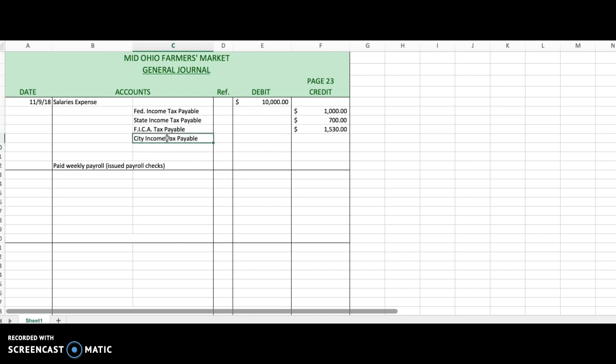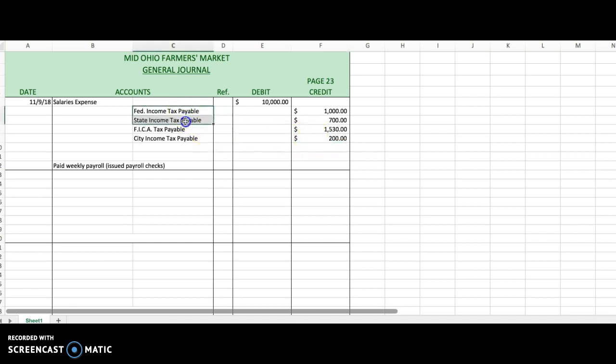Now, whether this is your city or a different city, it might vary depending on where the employee works. Some cities have a city income tax, some do not. But let's just assume, for the sake of argument, this one does, and we have to withhold some money from our employees, and let's say it's $200.